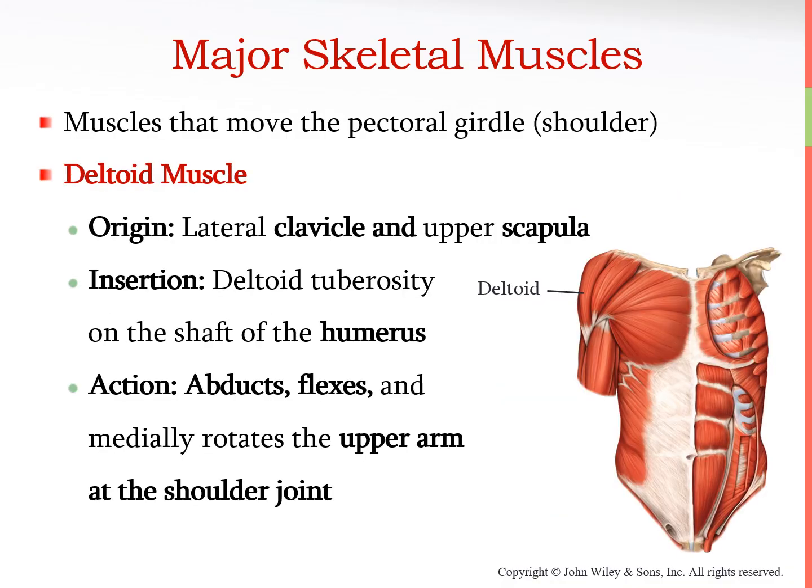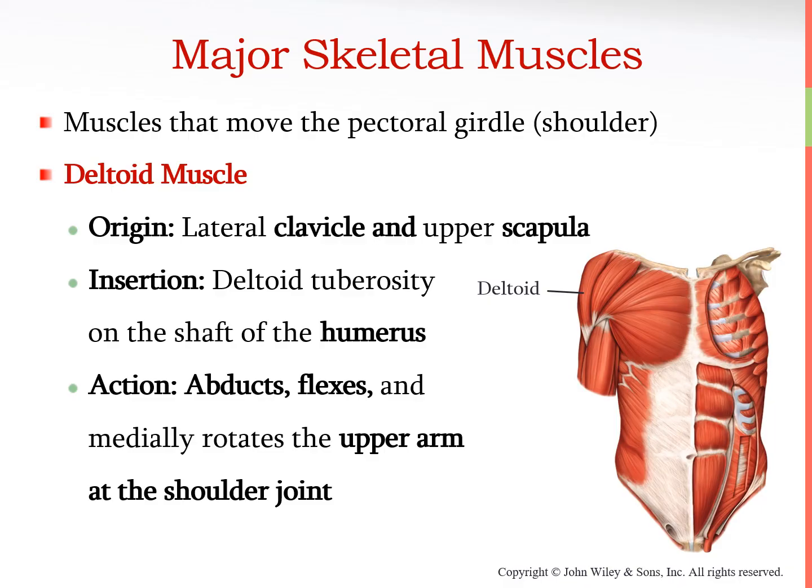So here's our deltoid. Its origins are in the clavicle and scapula. It also inserts into the humerus, but on the opposite side of the pectoralis major. So the pectoralis major inserts into the medial aspect of the humerus, while you can see the deltoid inserts into the lateral aspect of the humerus. So they're going to cause action at the same joint, the shoulder joint, while the pectoralis major is causing arm adduction.